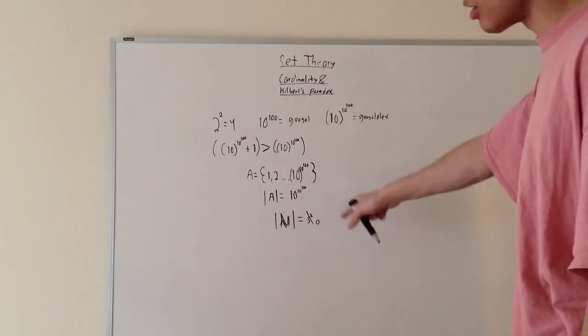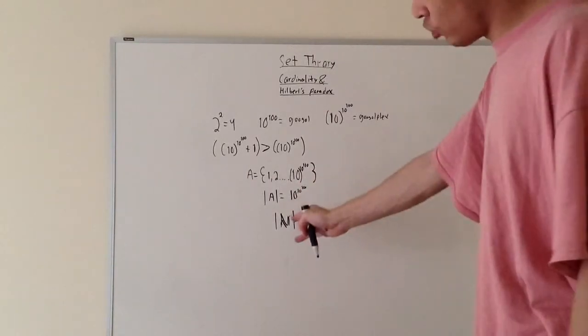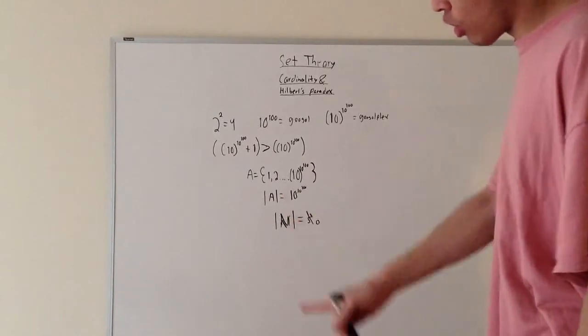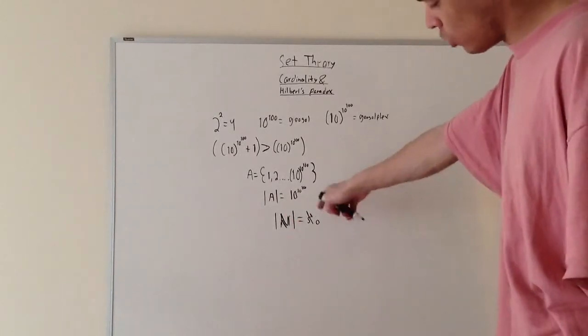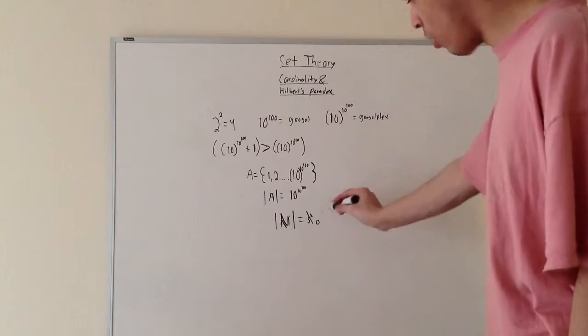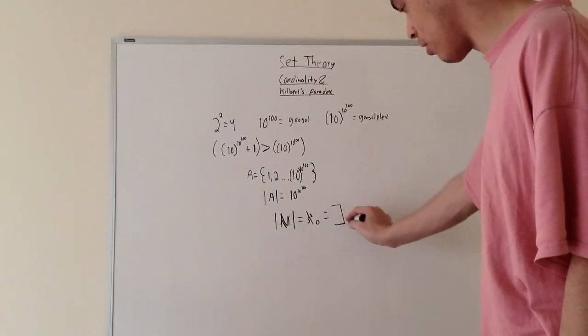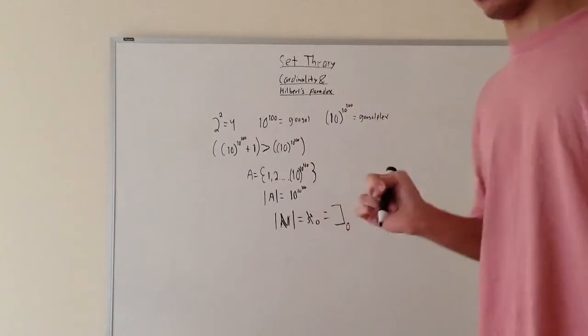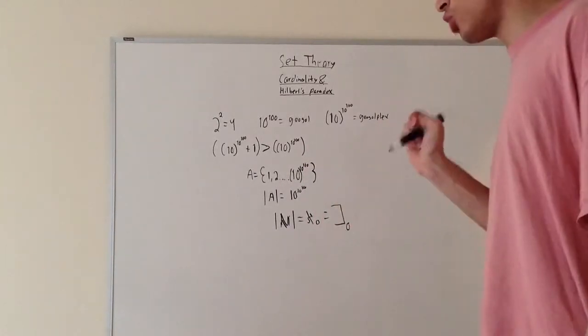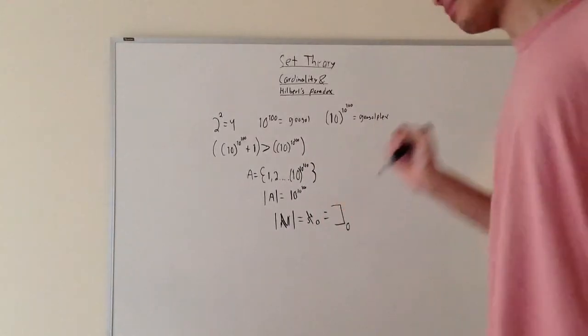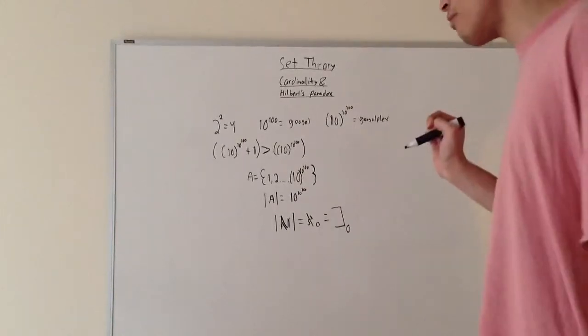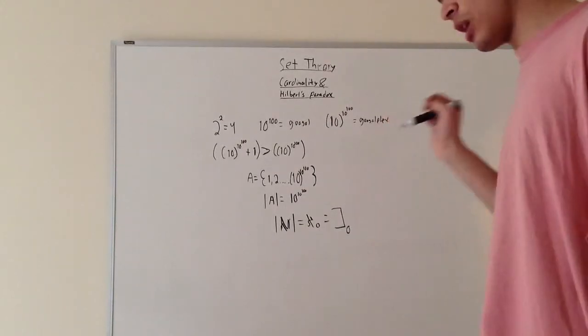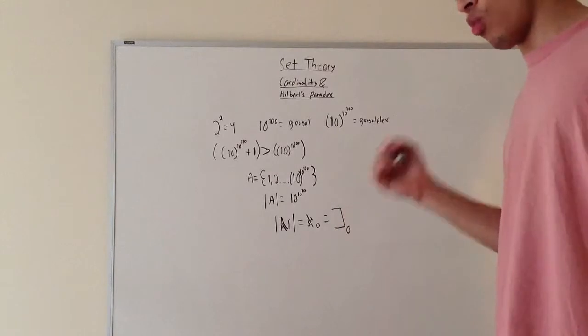That's what cardinality is, and the size of the natural numbers has a special cardinality, denoted by the Hebrew letter aleph, also sometimes denoted as beth 0. This is the set that has the smallest infinite cardinality. In the next video I'll be talking about the continuum hypothesis and what that's all about.